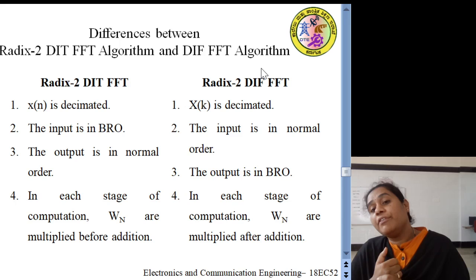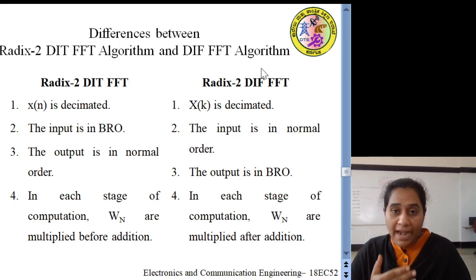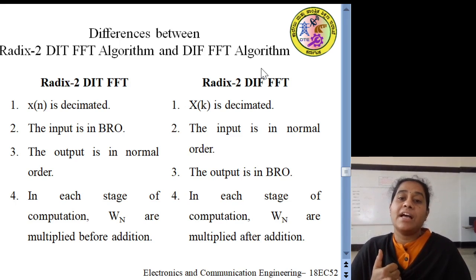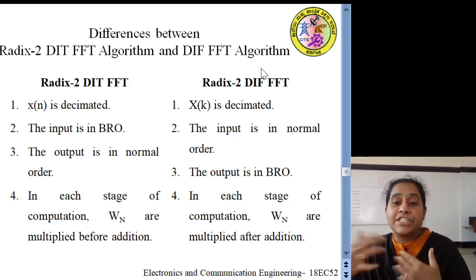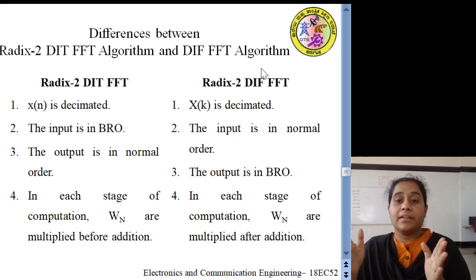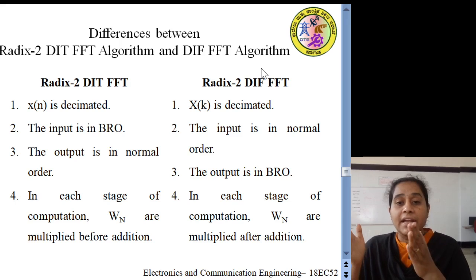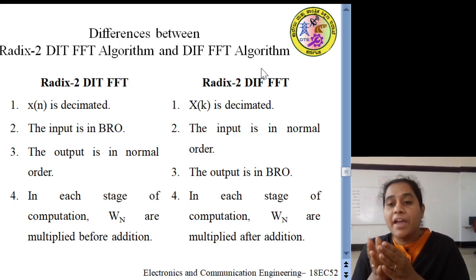Now if we come to the differences between the radix 2 DIT FFT algorithm and the radix 2 DIF FFT algorithm, the first point to be considered is in which domain we are splitting. That means whether in the time domain or in the frequency domain we are decimating.